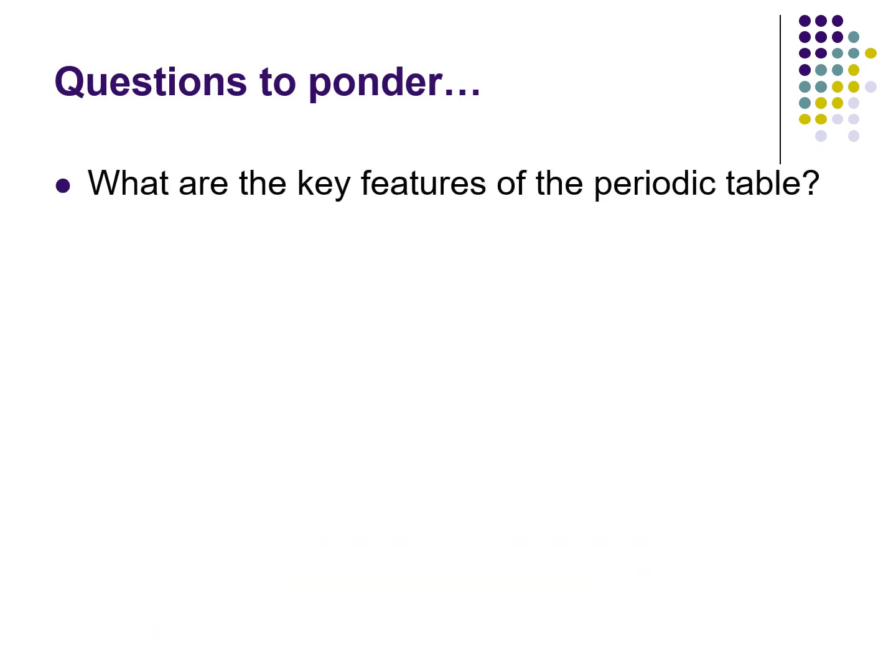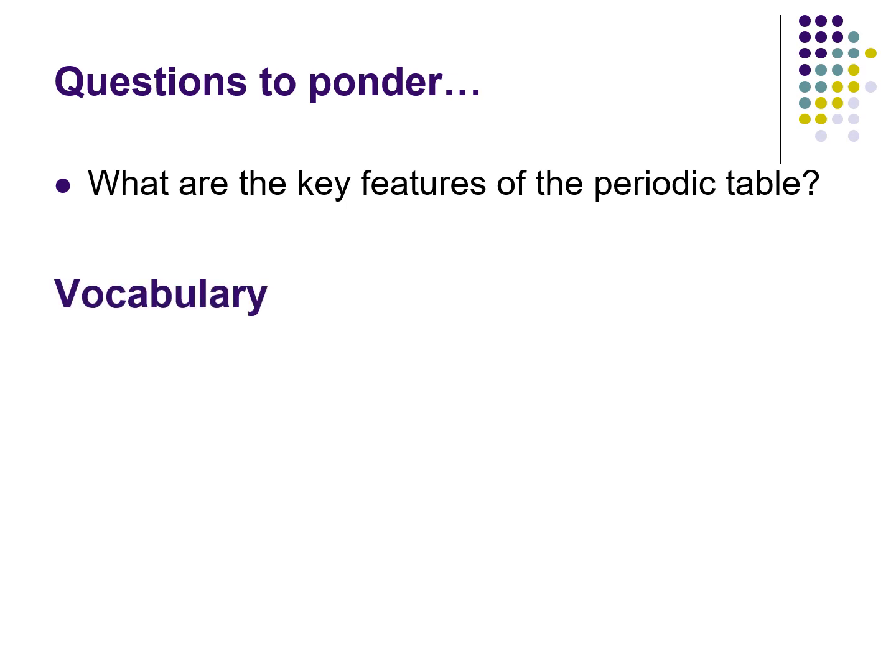So, questions to ponder before we start with our discussion. Number 1, what are the key features of the periodic table? To answer this question, we will discuss how elements are arranged in the periodic table. You will see the two arrangements of the periodic table, the vertical arrangement as well as the horizontal arrangement.